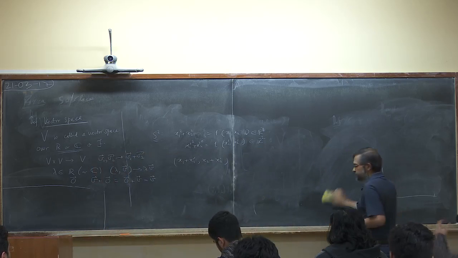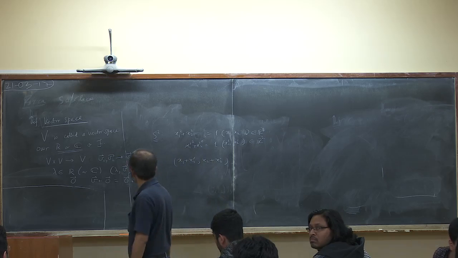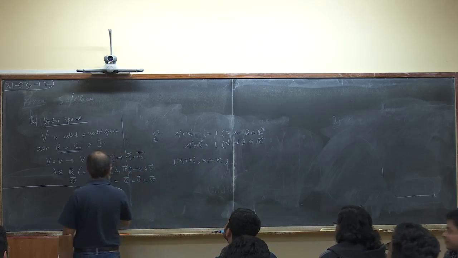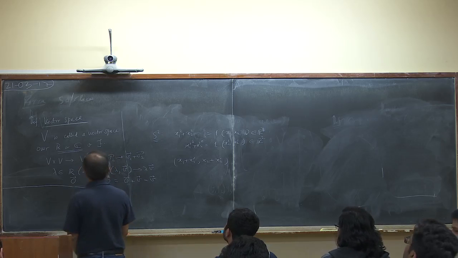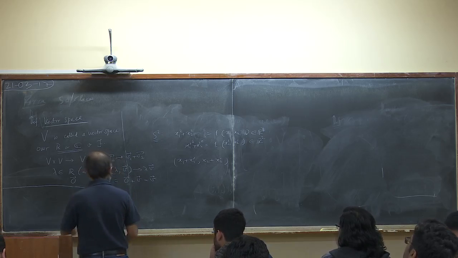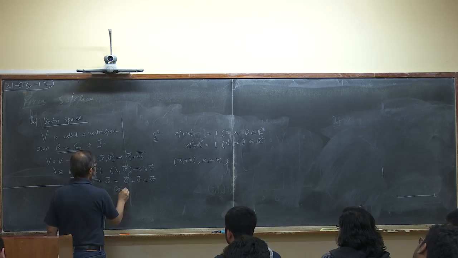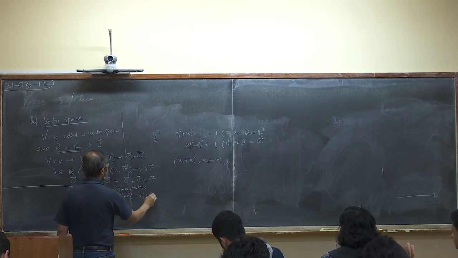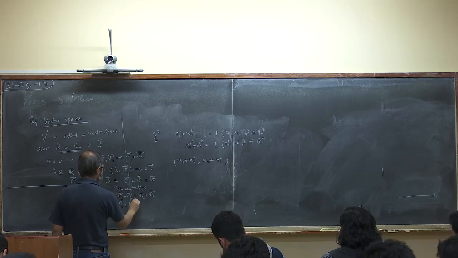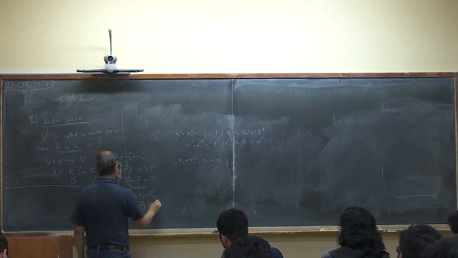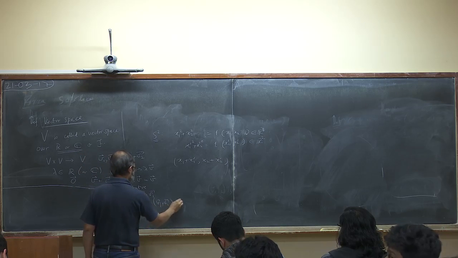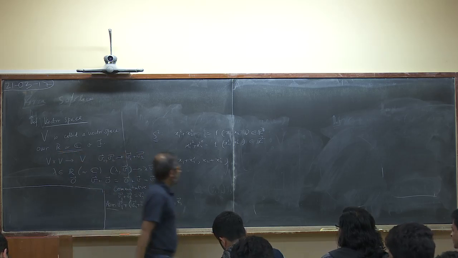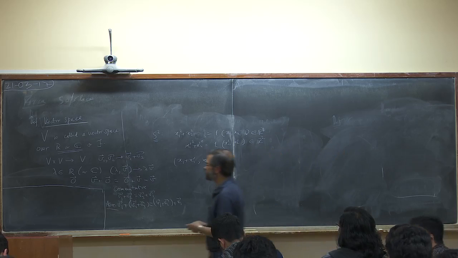All right. So while defining a vector space, I have to have associativity of addition and all that, B1 plus B2 plus B1, and the distributive property.